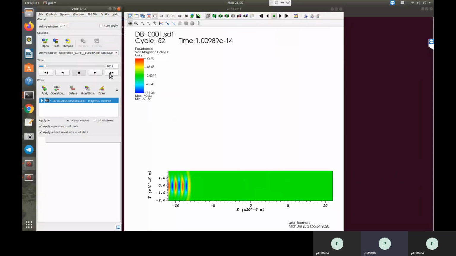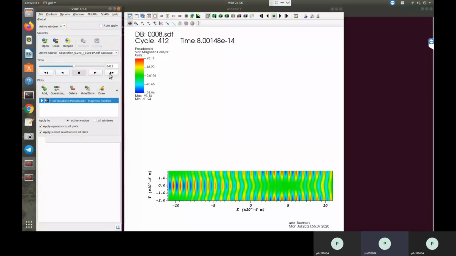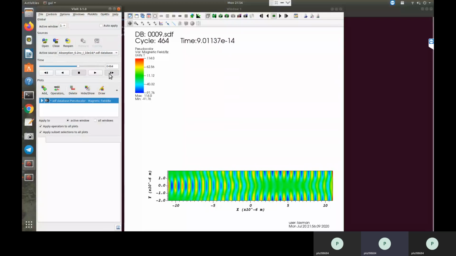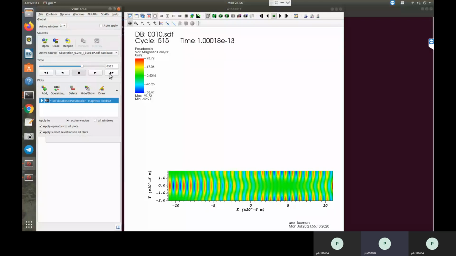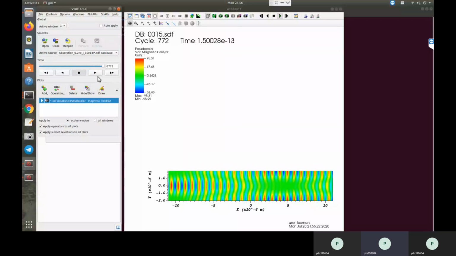So this is our magnetic field along the z direction. There is no reflection. The wave is propagating, passing through the plasma. In movie form, it will be like this. So this was all the magnetic field.